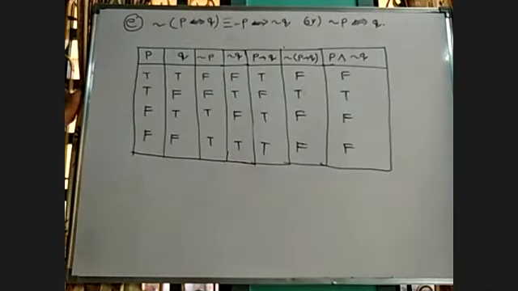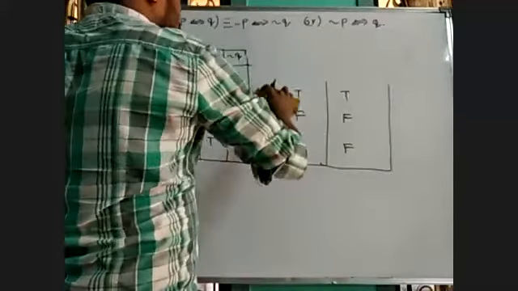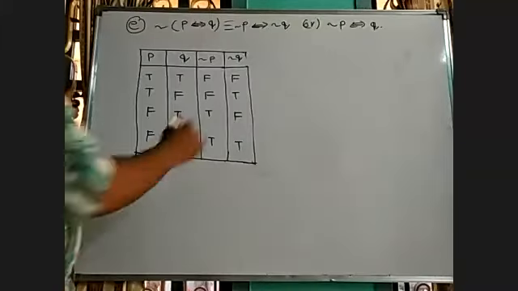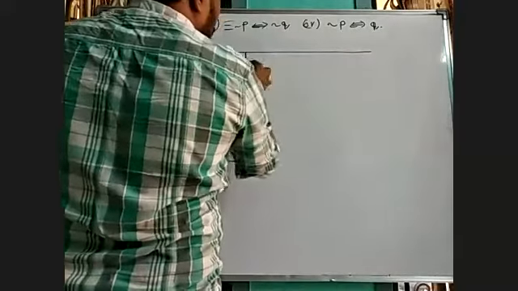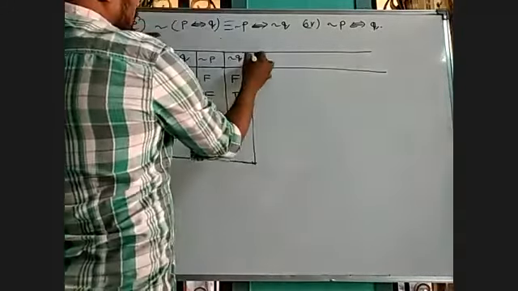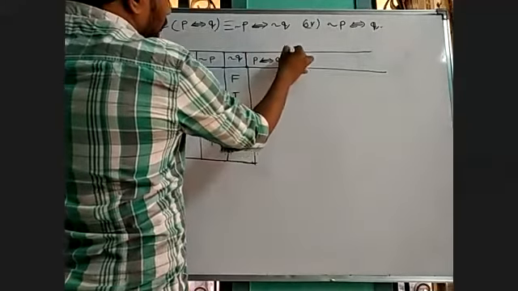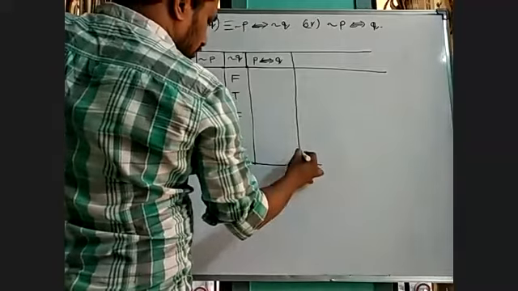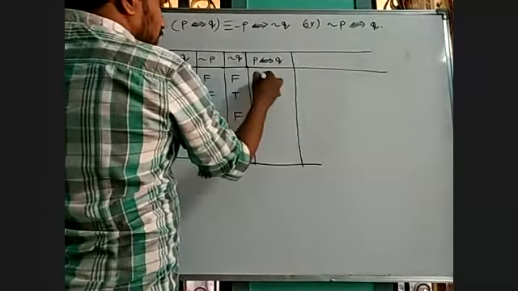So then first, P biconditional of Q. See that true means these are true.